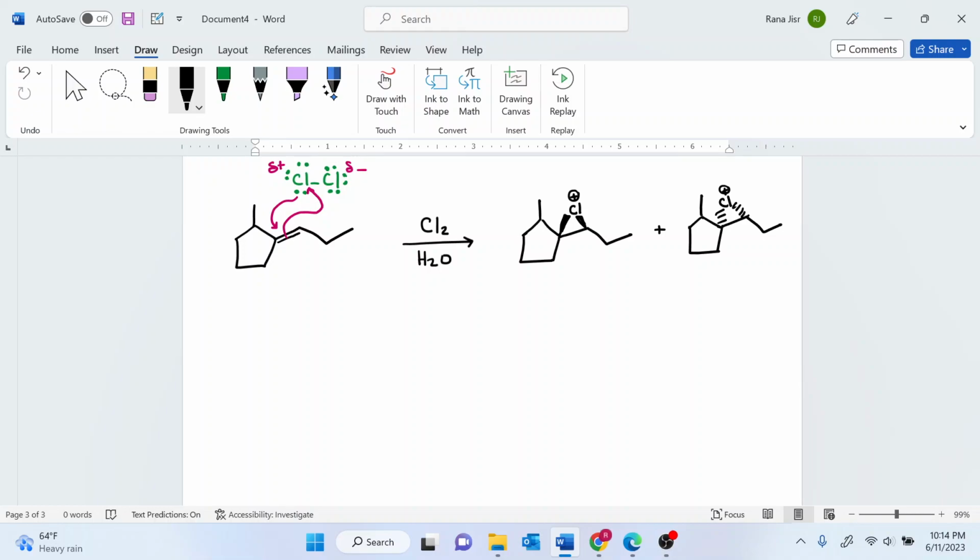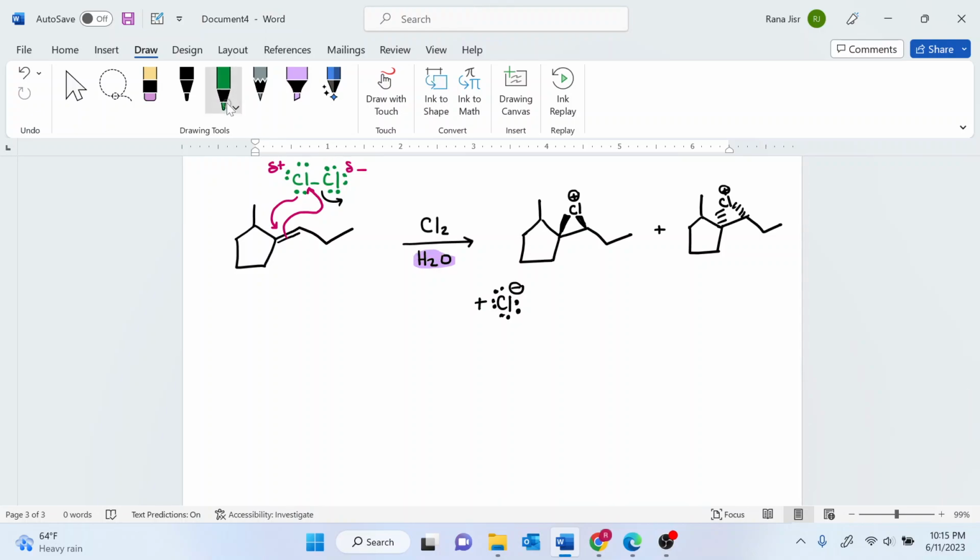Now, once you form your cycle, of course, the chlorine is going to leave and it's going to be in the solution. So, of course, you're going to end up having plus the Cl minus in the solution. However, we are looking at the concentration because I know that the Cl minus is a good nucleophile, but at the same time, if I am comparing the concentration of the Cl, which is found in the solution, versus the concentration of the water that I have, I would see that the concentration of the water is going to be more than that of the chlorine.